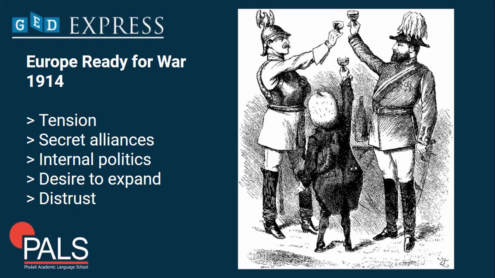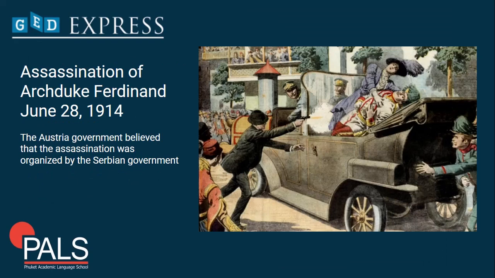Now, take a look at this next slide. This happened on June 28, 1914. It's the assassination of Archduke Franz Ferdinand. Who is Franz Ferdinand? He is the heir to the throne of Austria-Hungary, and he was assassinated in Sarajevo, and the Austrian government believed that the assassination was organized by the Serbian government.